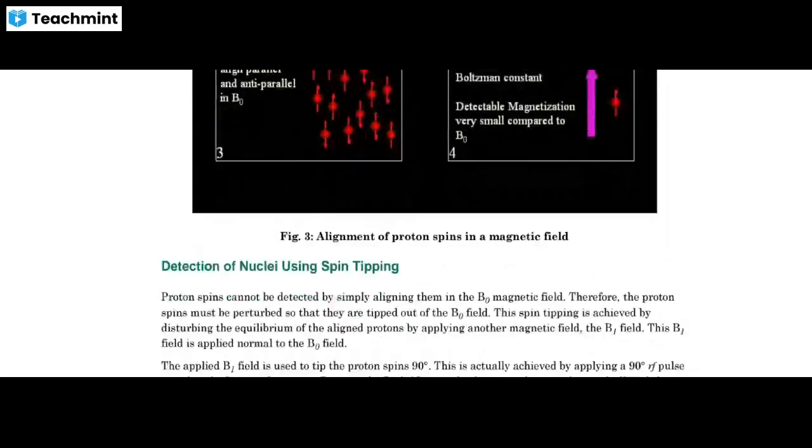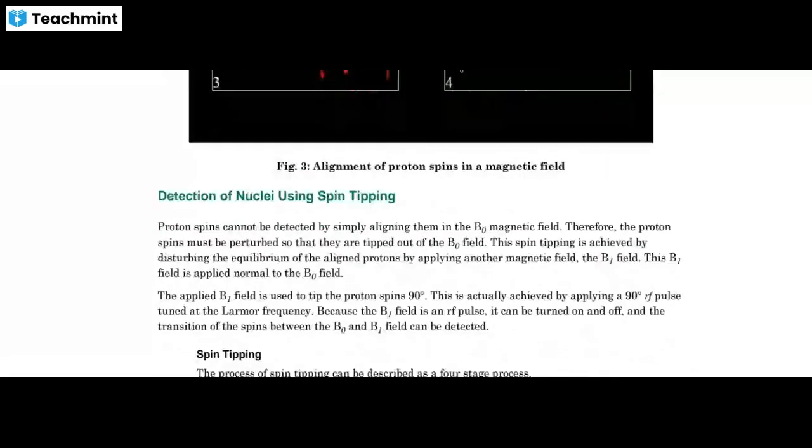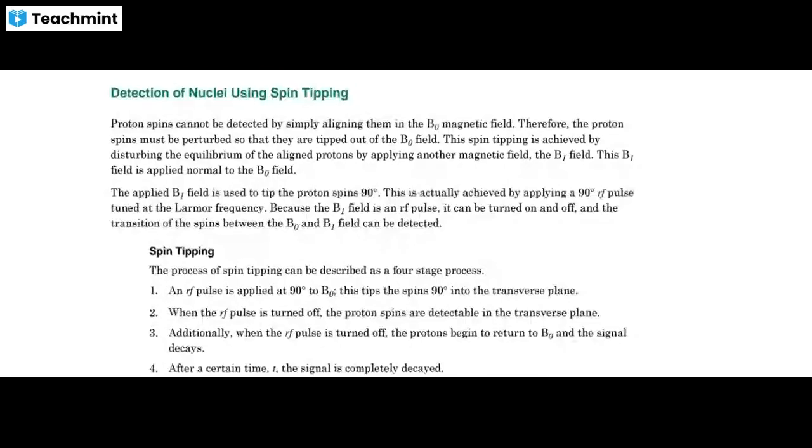Then detection of nuclei using spin tipping. So what is spin tipping? The process of spin tipping can be described in four steps. First, an RF pulse is applied at 90 degrees to B0. Then when the RF pulse is turned off, the proton spins are detectable in the transverse plane.